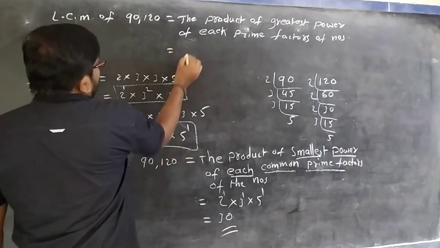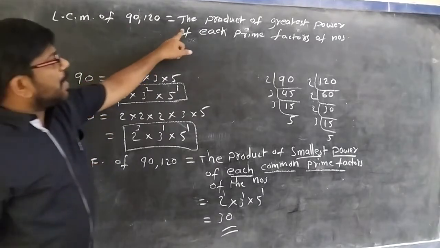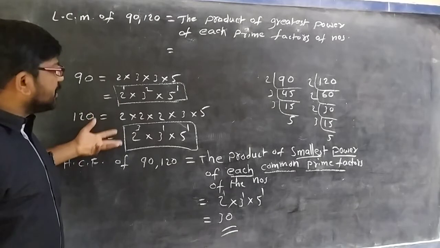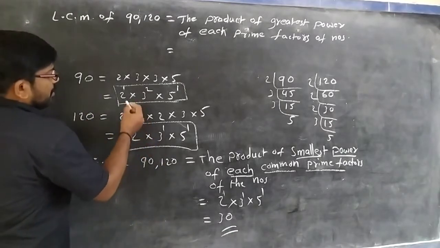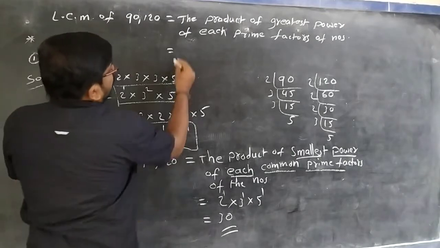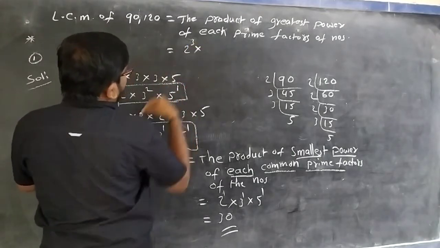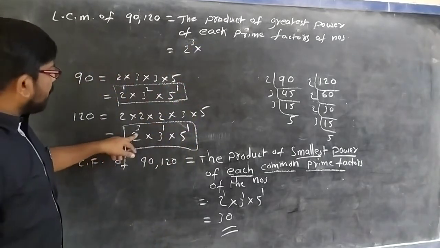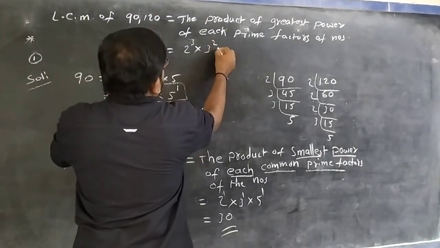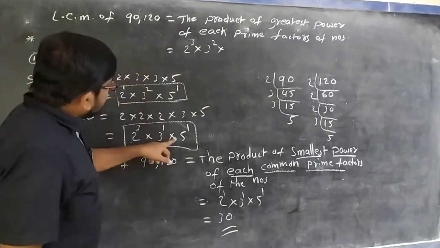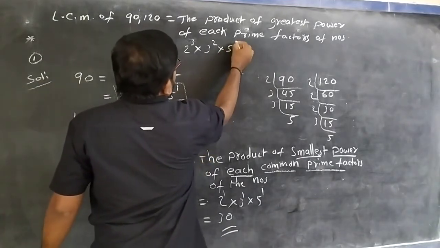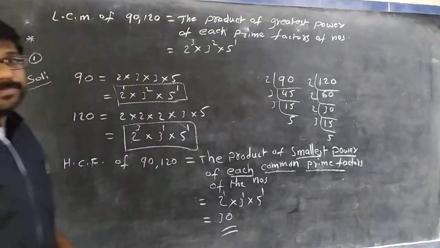So how do we decide? The product of greatest power. For 2, the greatest power is 2 cube, into 3 square, into 5 power 1.